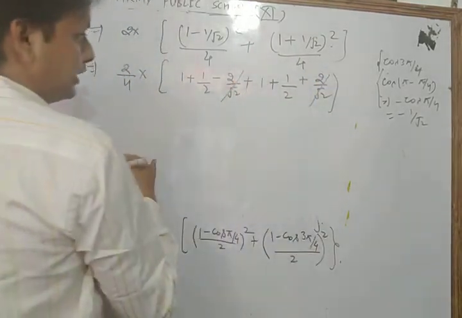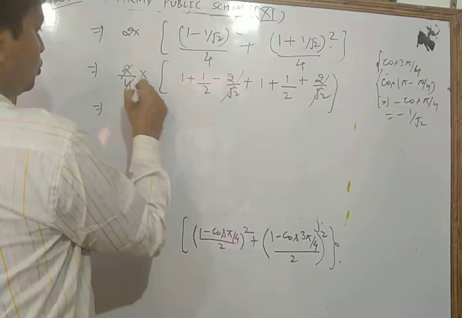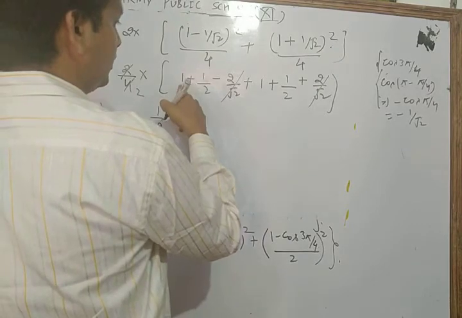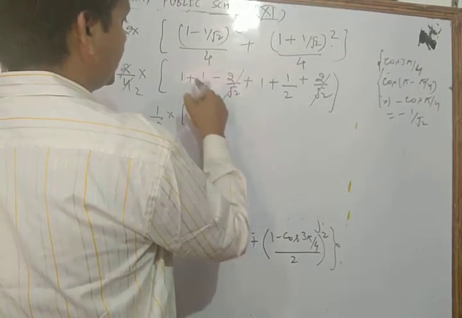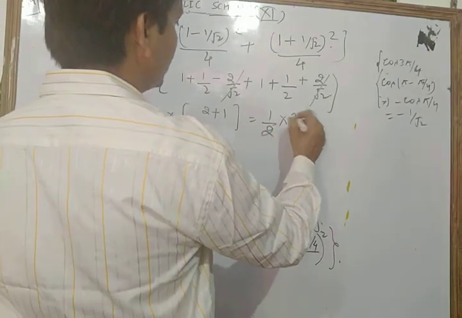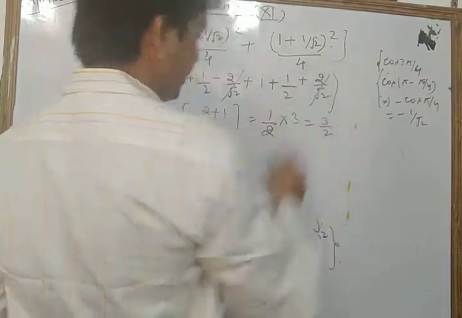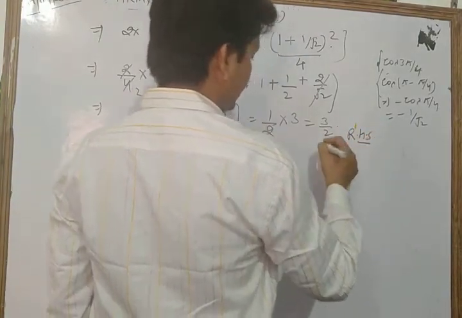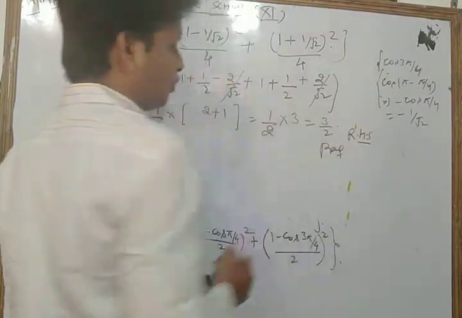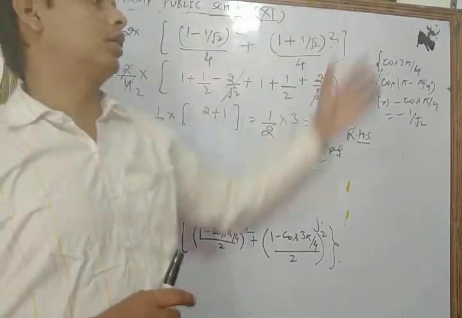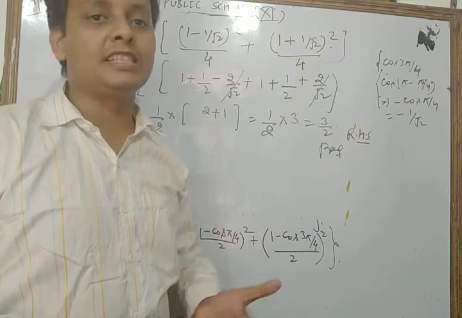That part cancels each other, that is 2 to the 4, that is 1 by 2 into 1 plus half 1, that is 1 by 2 into 3, that is 3 by 2. This is our result, that is RHS. Hence proved.